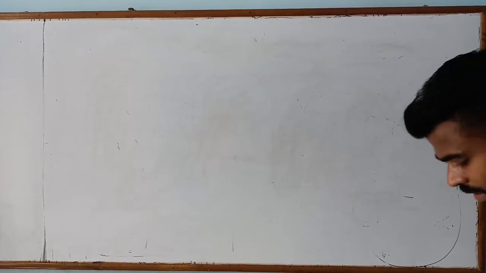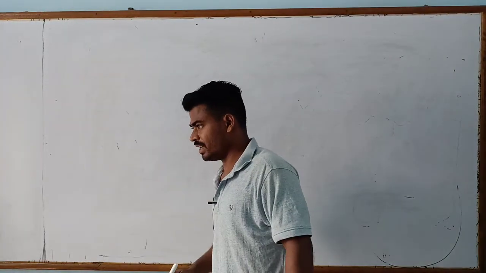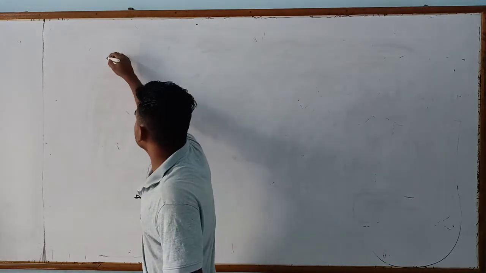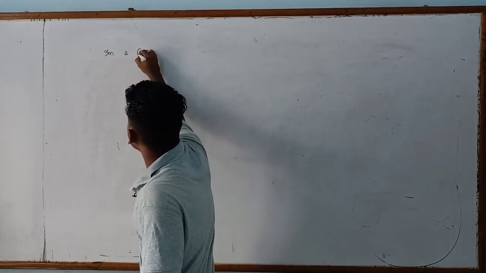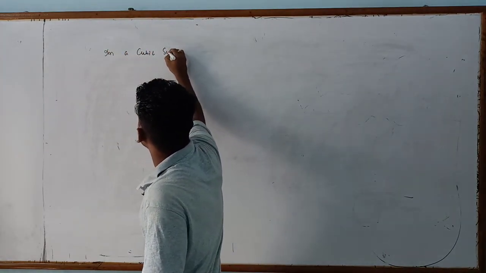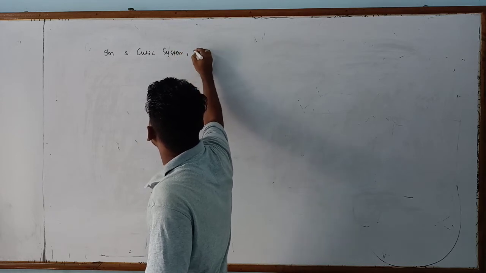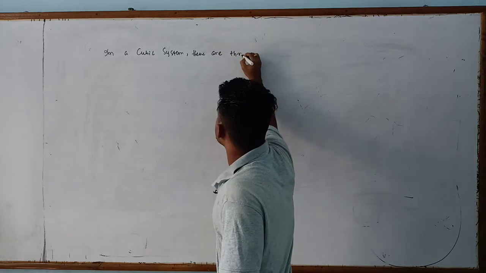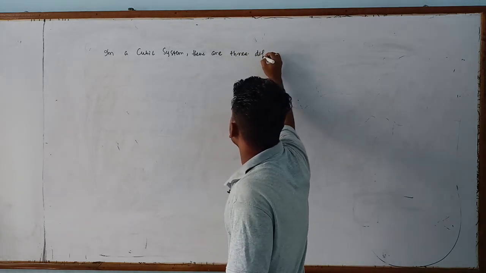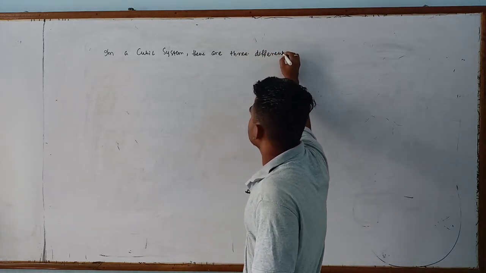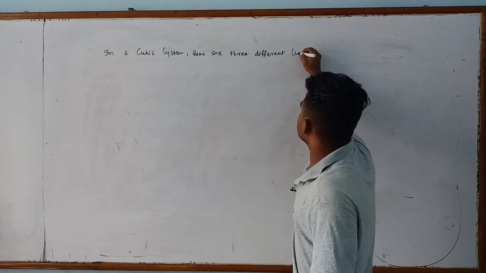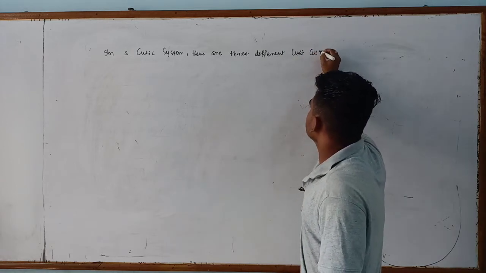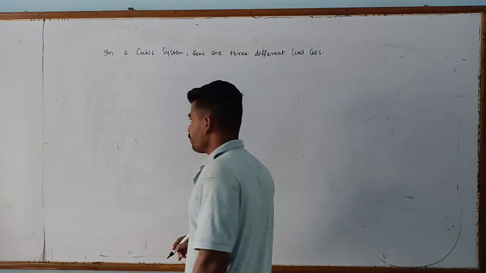So in case of a cubic system, there exist 3 different unit cells. Okay, so in a cubic system there are 3 different unit cells that I have told you just before.